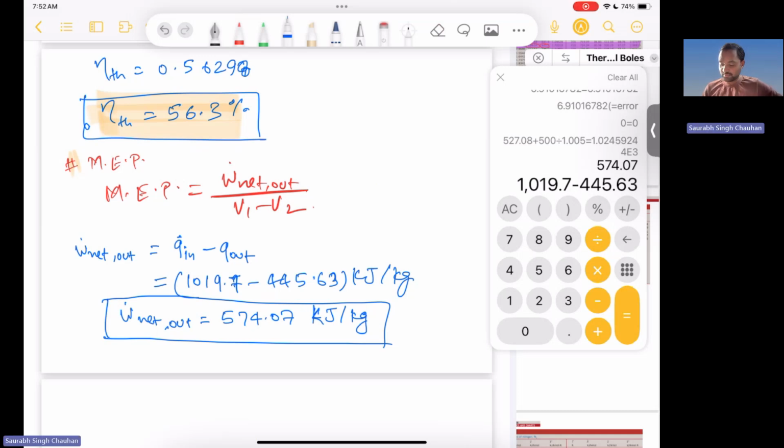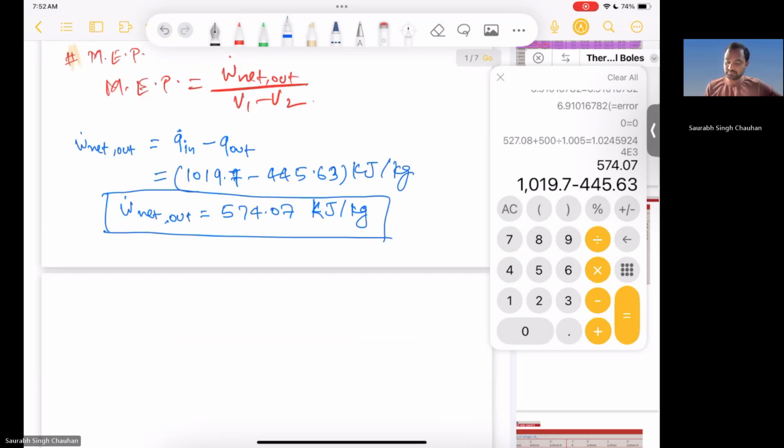Now we also need V1. V1 will be equal to, from the ideal gas equation, RT1 by P1. Okay, so R is 0.287 for air. Again, I'm not writing the unit, everything is in SI unit, 95.